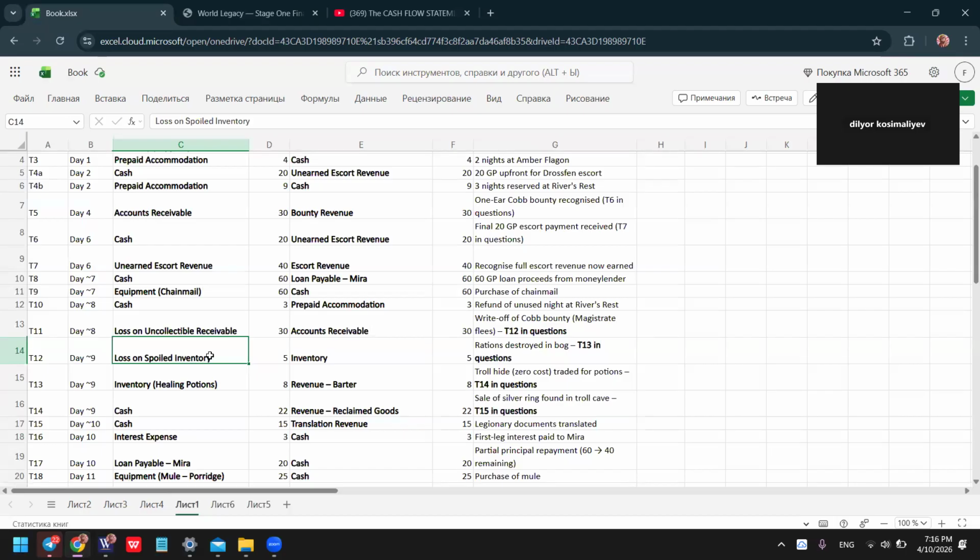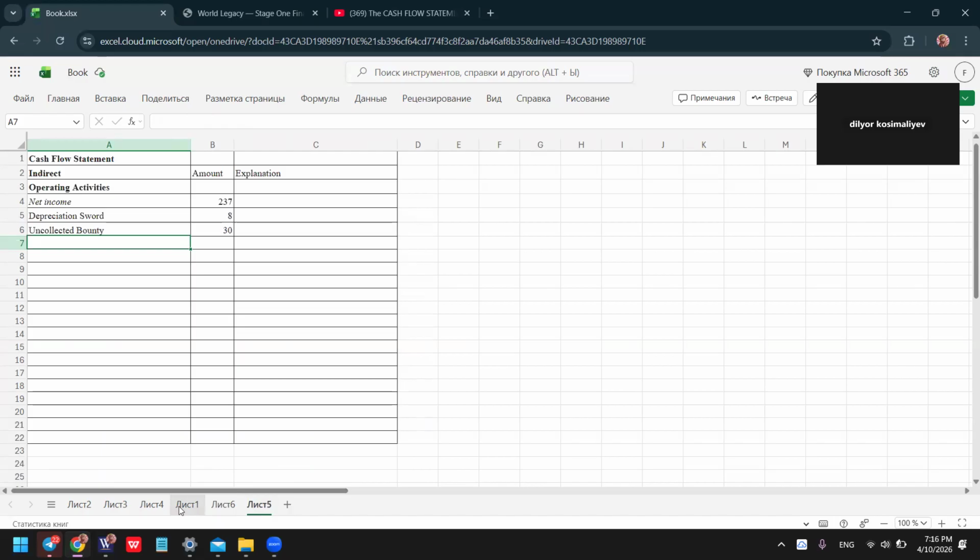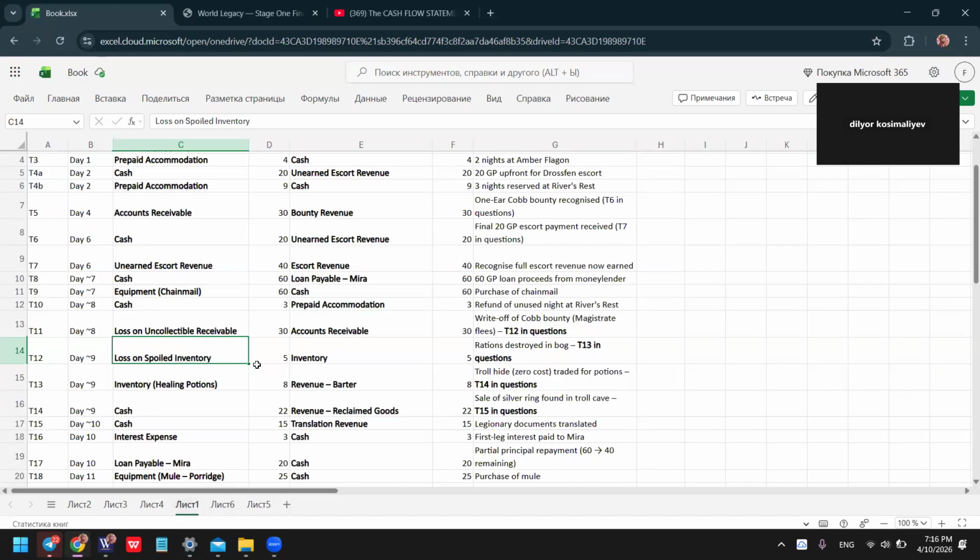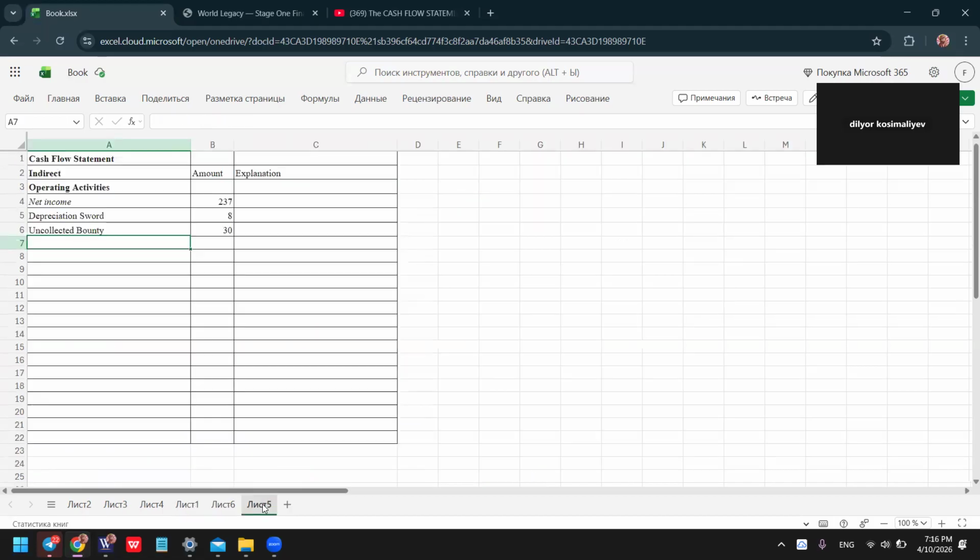It was essential for her, and she lost it. That's why we recorded it in the operating expenses as well. So let's record it.